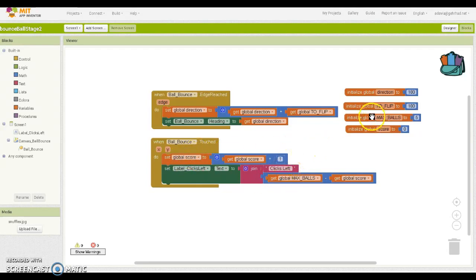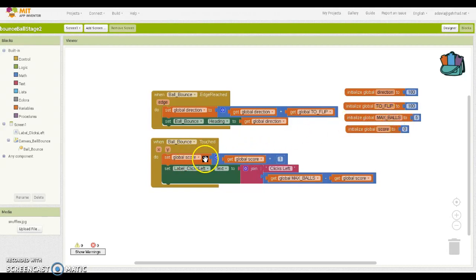Here's why. Max balls is right here, and it's set to 5. In here, I never reset that value. I never set max balls to be anything. I'm just getting that value, and it's always going to be 5. That's what makes it a fixed value.